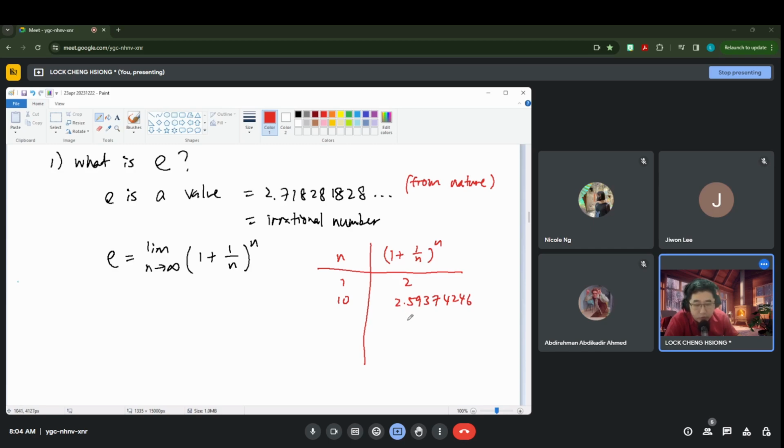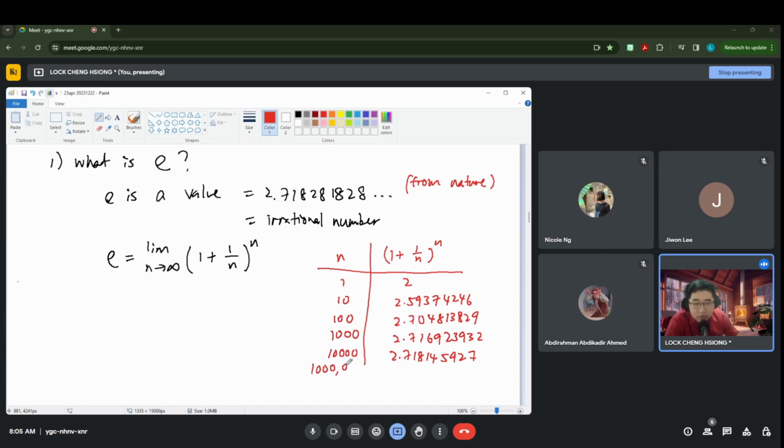If I continue to 100, then I have 2.7048133829. If I continue with 1000, I have 2.71692392. If I continue with 10,000, 2.71814597.